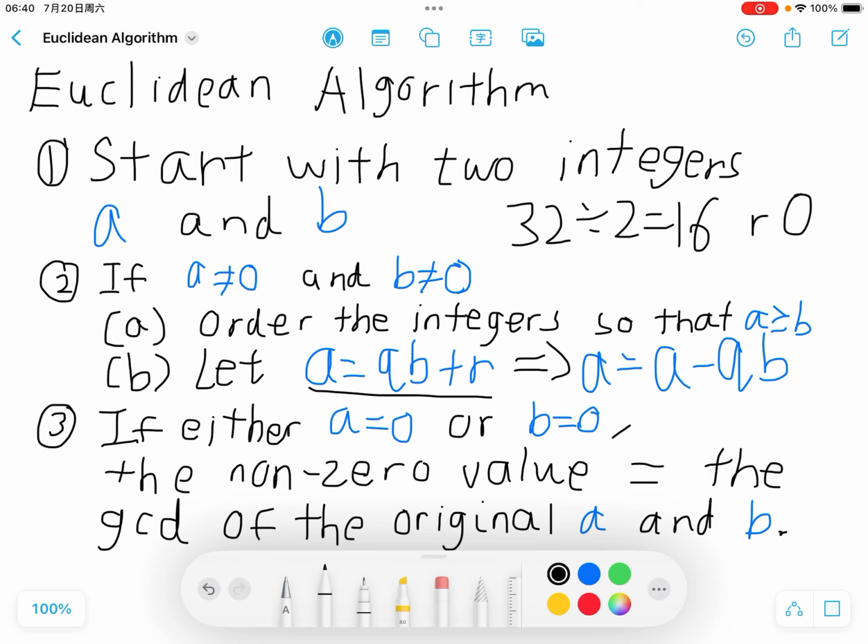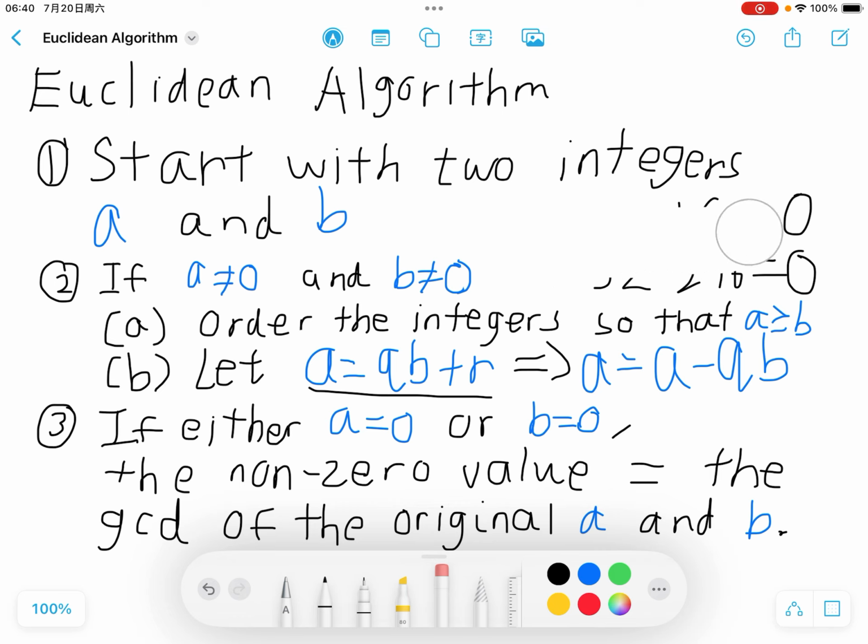So basically we'll let a equals a minus qb. We'll let a equals 32 minus 2 times 16, because q is 16 and b is 2, and basically we'll directly get 0. So GCD 32, 2 is GCD 2, 0. So the GCD of 32 and 2 is going to be 2. That simplifies the process a lot compared to our previous method.